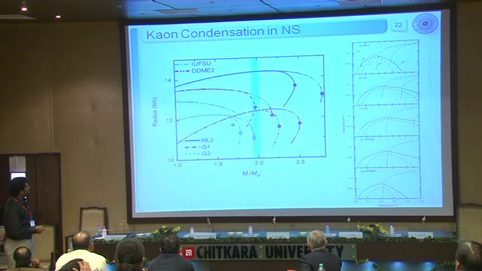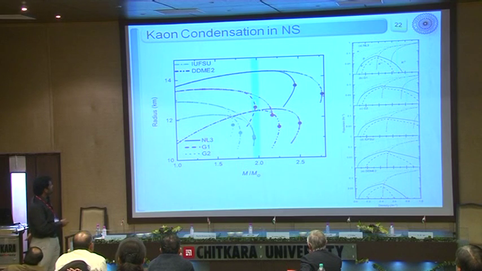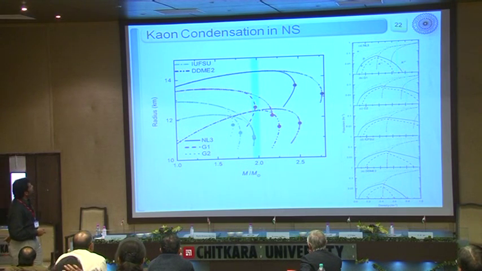Many of these calculations can, of course, explain the two solar mass neutron star. Of course, if you use either IUFSU or G1, then once the kaons are introduced, their mass becomes much lower. So with antikaons, these two models cannot explain the two solar mass neutron star.